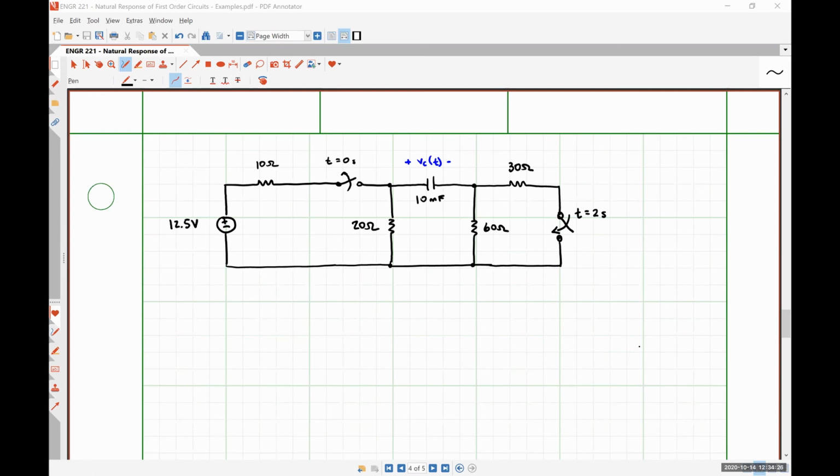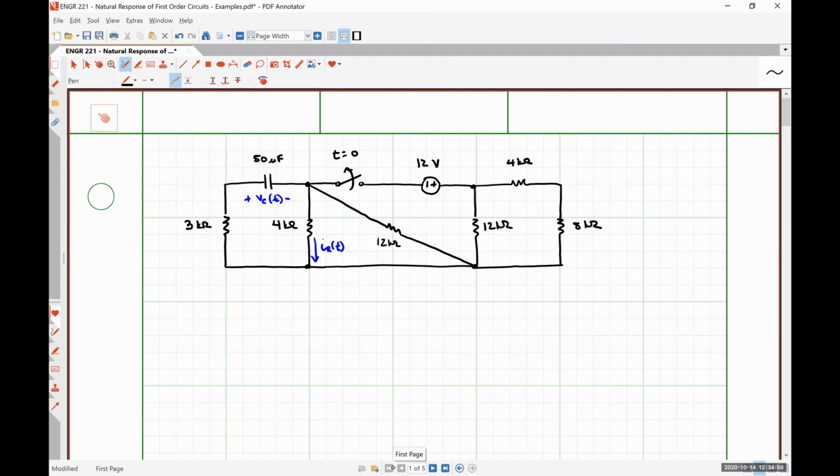Alrighty. So we're going to analyze this circuit at t equals 0 minus. Now, it's important to note that t equals 0 minus constitutes a DC steady state condition. We are making the assumption here that the switch has been closed for a very, very long time. Oh, actually, I'm looking at the wrong problem. Let's start with the easy one.